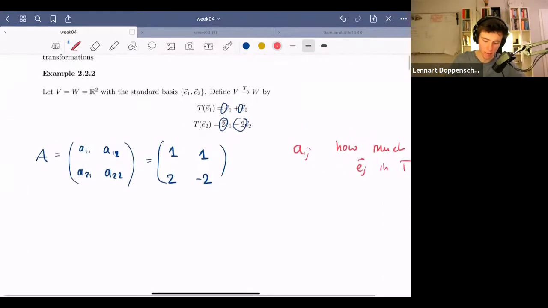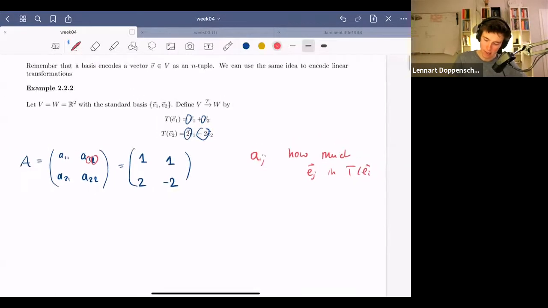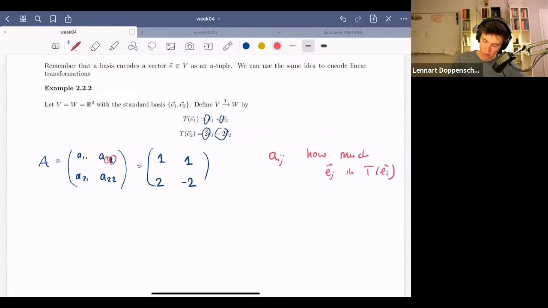So if you look at this, the number A12, say, is the number that we have in front here. So it's the contribution of E2 to the image of E1. So this is the first index and the second index, and the first index refers to the Ei in T of Ei, and the second index j refers to how much contribution Ej has.